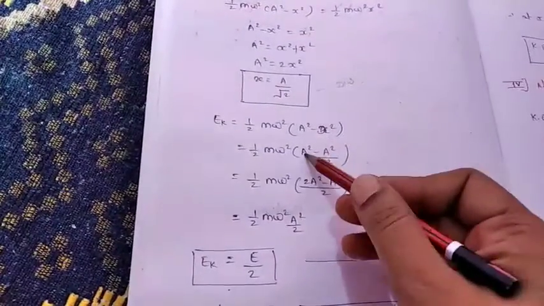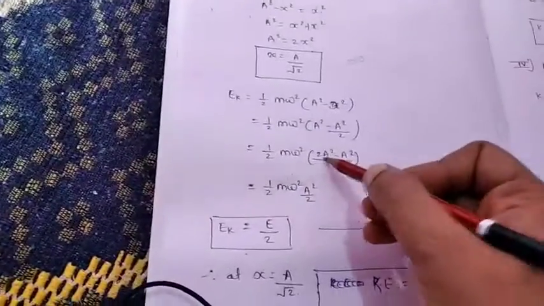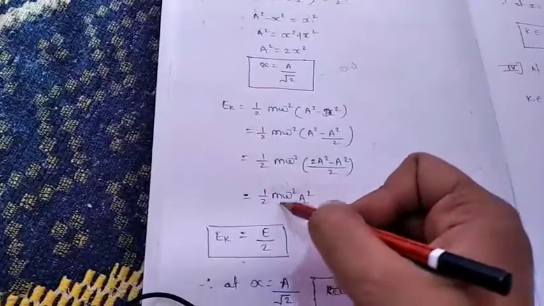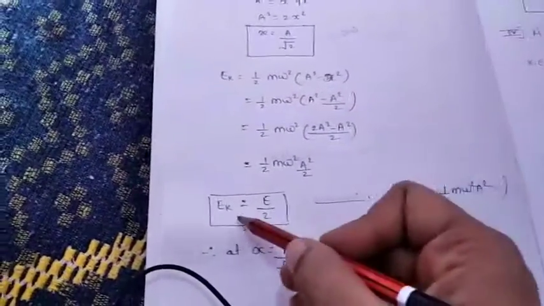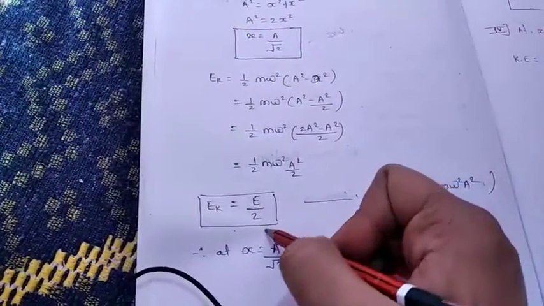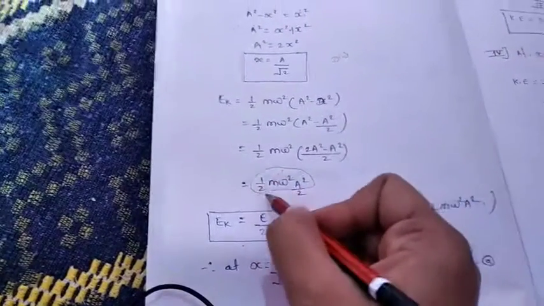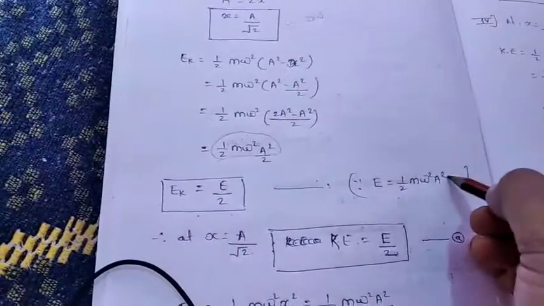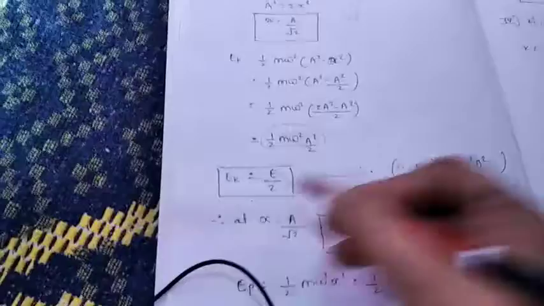Simplifying, it is 2A square minus A square by 2, so it is equal to A square by 2, and the remaining term as it is, that is 1 by 2 m omega square A square by 2. Because 1 by 2 m omega square A square is equal to E, it becomes E by 2, that is the kinetic energy.